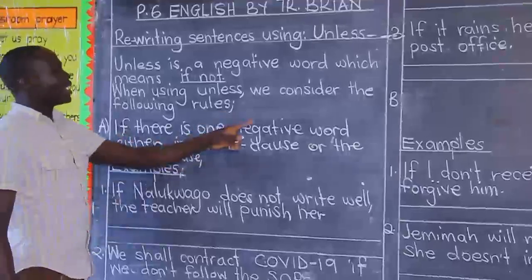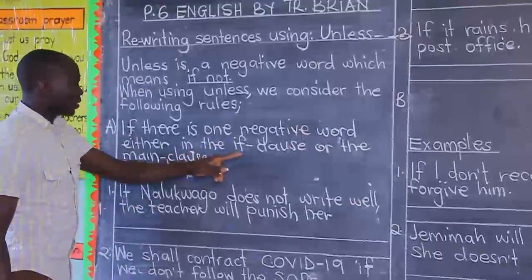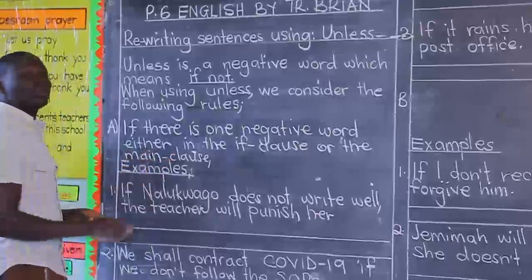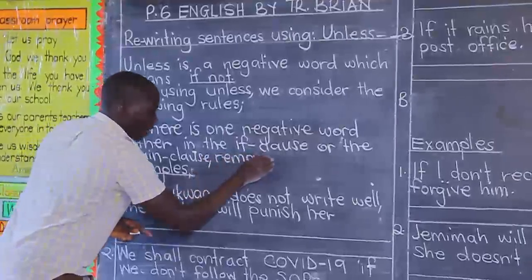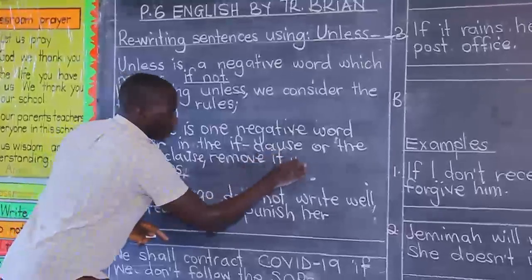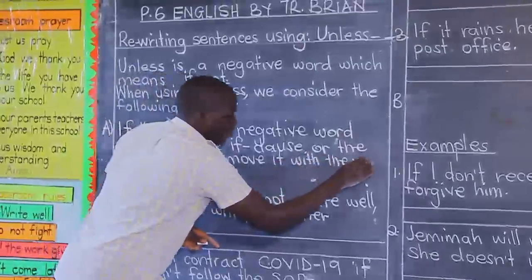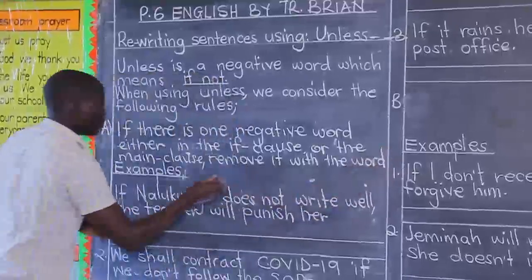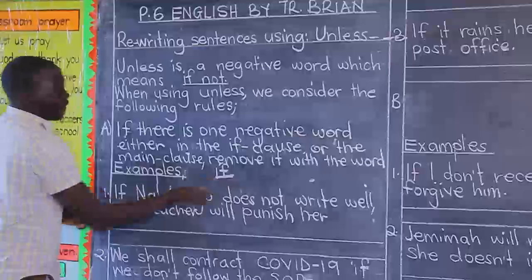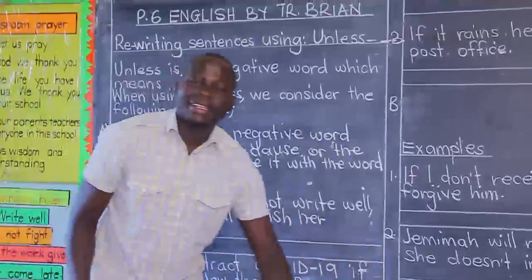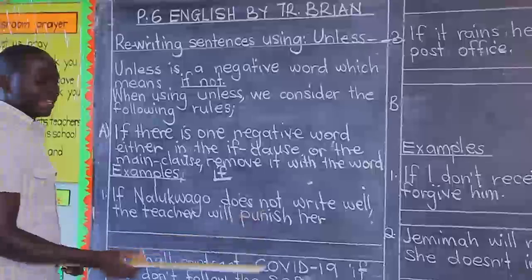If there is one negative word either in the if clause or the main clause, what should you do? Remove it with the word if. You remove that negative word together with this word if within a sentence.